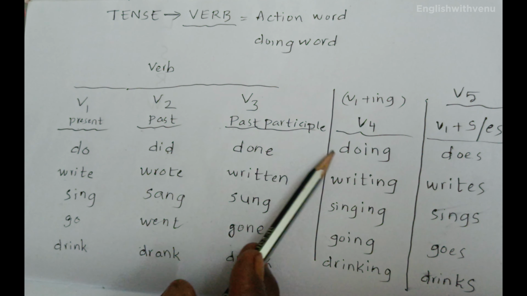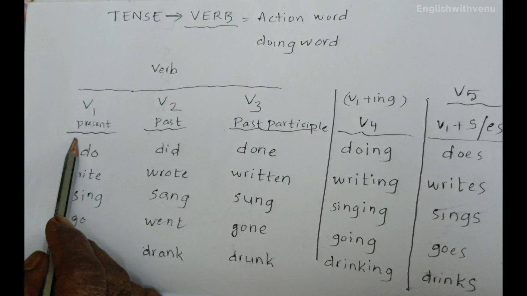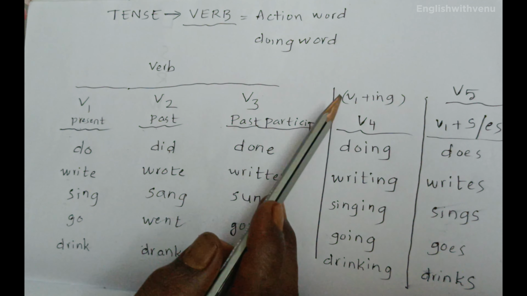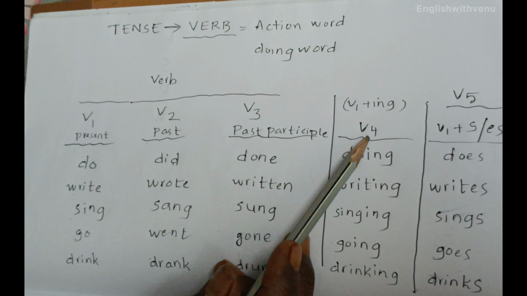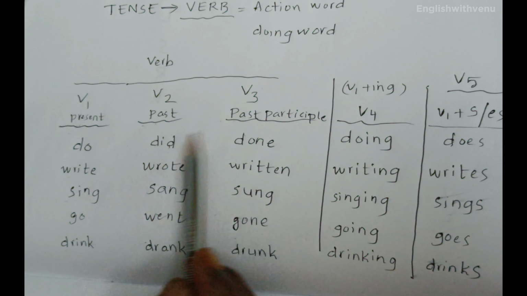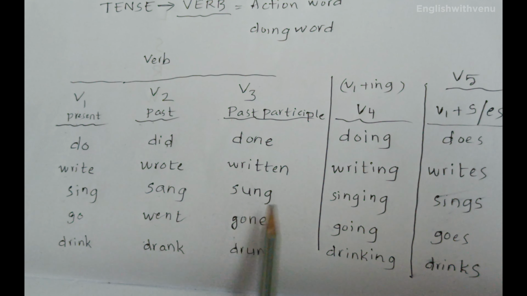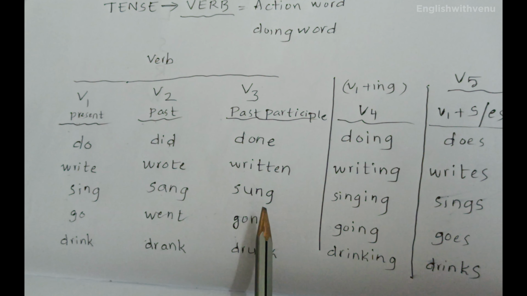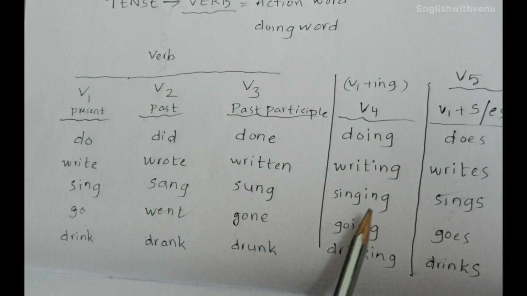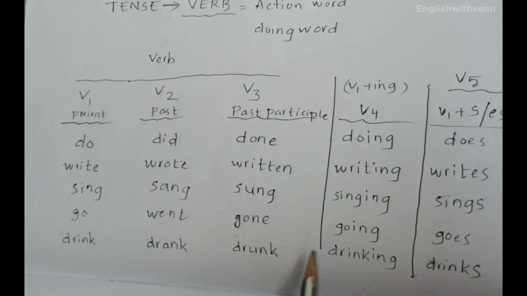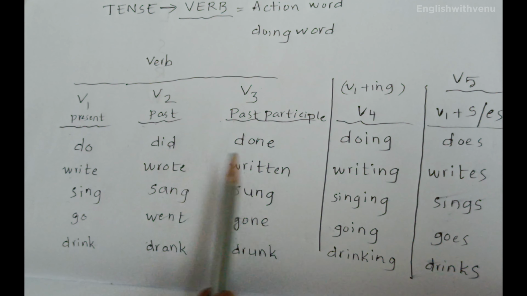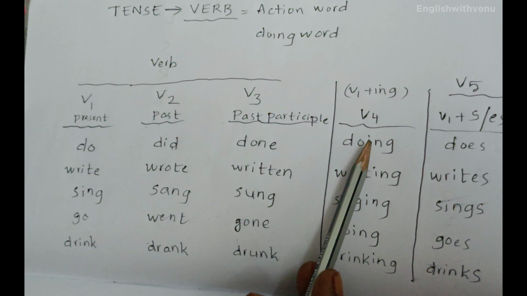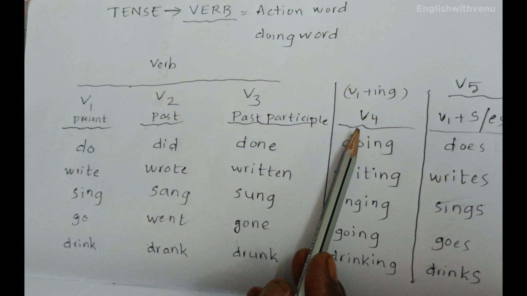They are extracted from the first form. For the first form, if you add ing, then it is known as fourth form of the verb. Do plus ing, doing; write plus ing, writing; sing plus ing, singing; go plus ing, going; drink plus ing, drinking. For the first form, we have added ing to get V4 form.